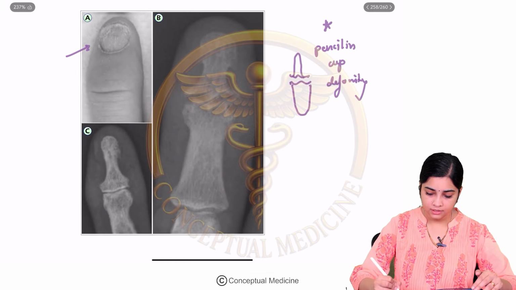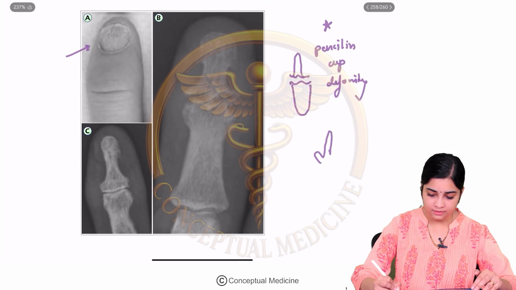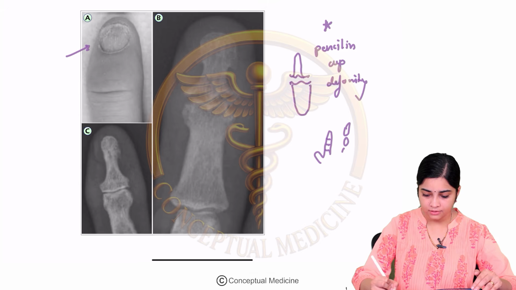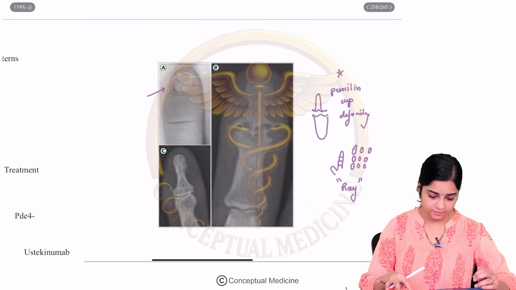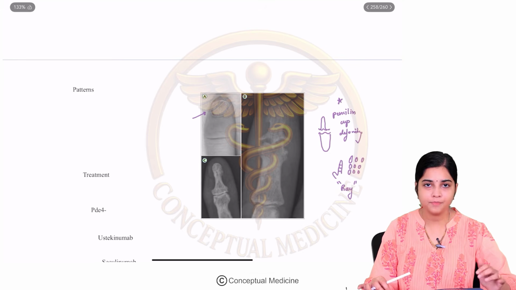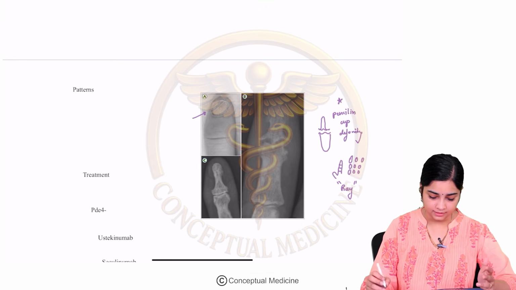Apart from that, in some patients with psoriasis, you can have involvement of all 3 joints of a digit, like this. This is what we call the ray-like appearance in psoriatic arthritis. Fine. So that is about the different patterns that you can find in psoriatic arthritis.